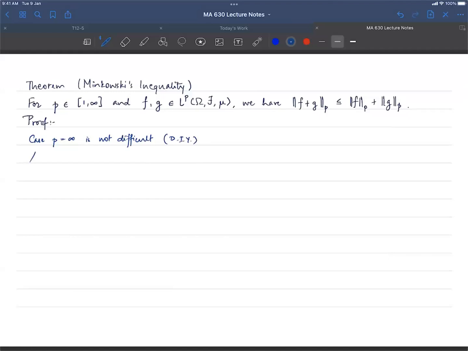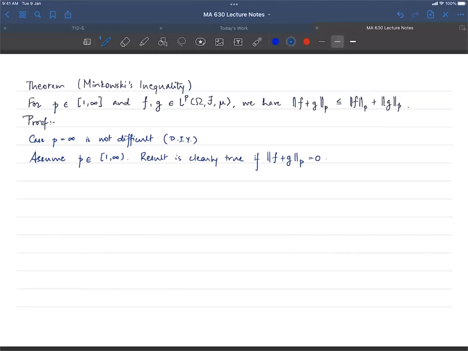And so now let's look at the case when p is less than infinity. So assume p is in the interval closed at 1, open at infinity. Note that there are no two conjugate exponents here, okay? There's only one exponent p. There's no q, there's just p. All right, so now I claim that the result is clearly true if the p norm of f plus g is 0.